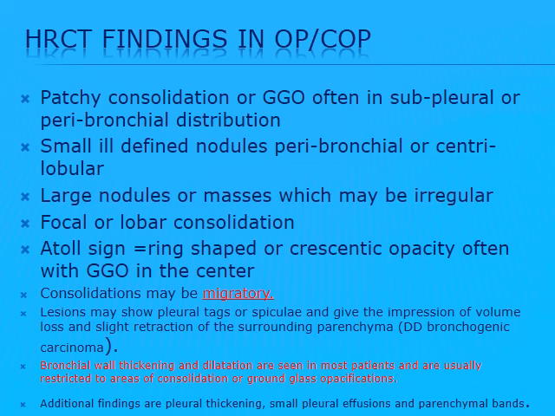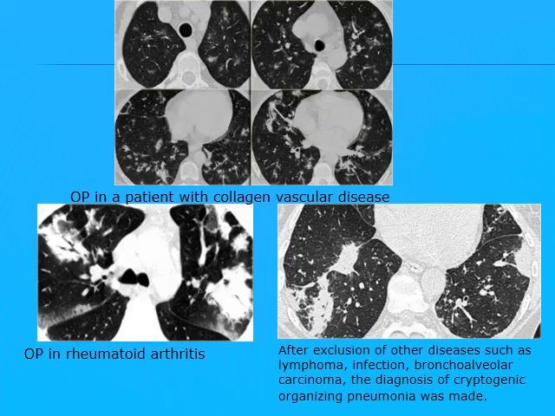Additional findings include pleural thickening, small pleural effusions, parenchymal bands, and linear opacities called perilobular pattern of reticular thickening.